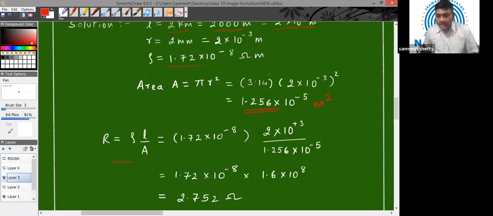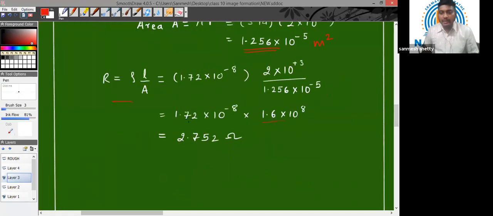If I calculate 2 into 10 raised to 3 divided by 1.256 into 10 raised to minus 5, I get a value around 1.6 into 10 raised to 8. So the final answer we get by multiplying 1.72 into 10 raised to minus 8 into 1.6 into 10 raised to 8. The resistance R comes out to be 2.752 ohms. So this is the value of resistance of that conductor. I hope the point is clear, children. Let us proceed to our next question.